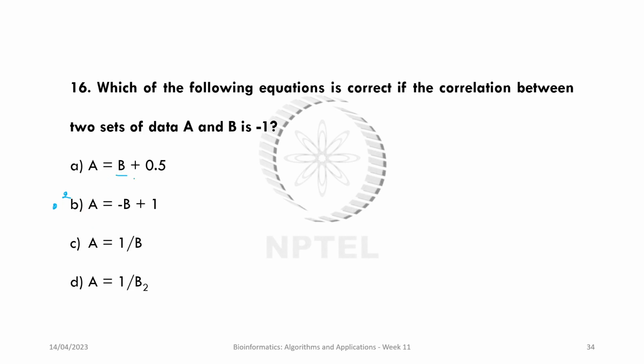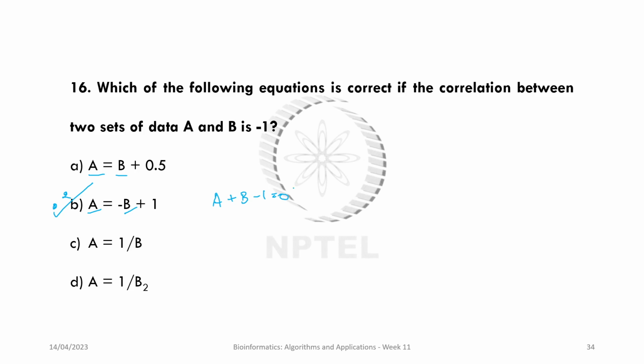This is a case of positively correlated data. So only option B gives you a negative correlation of -1, right? And you can see that when A increases, B decreases.